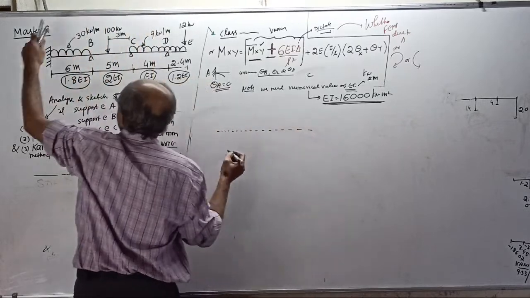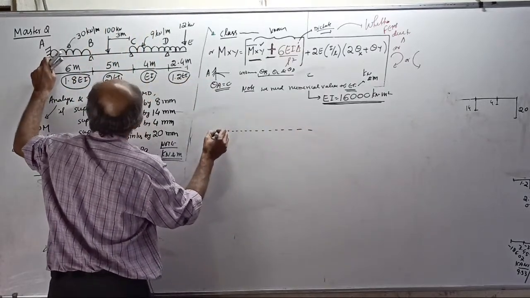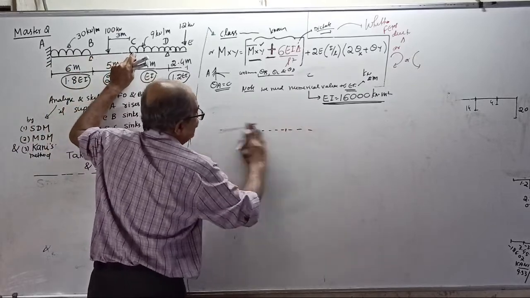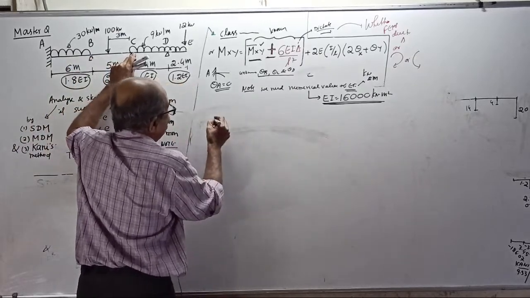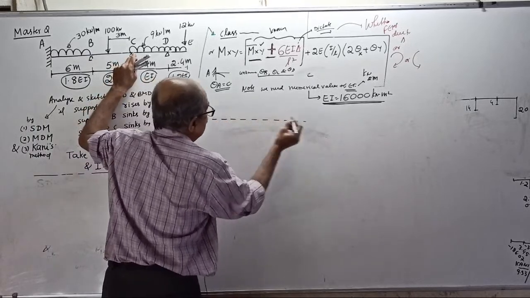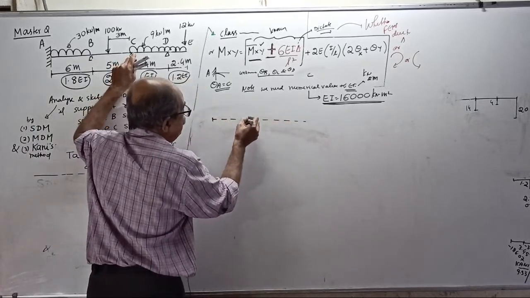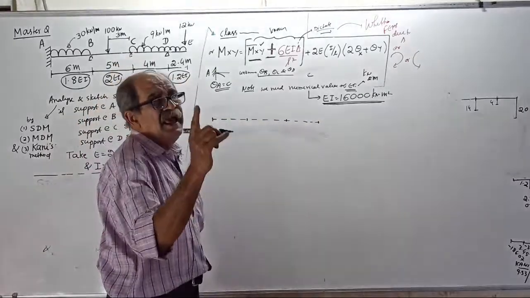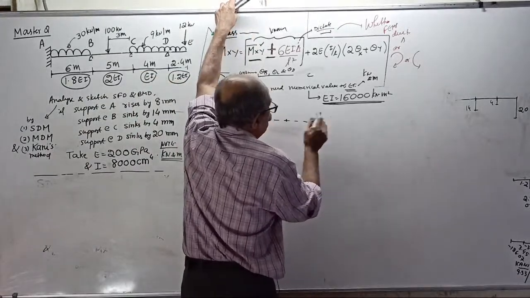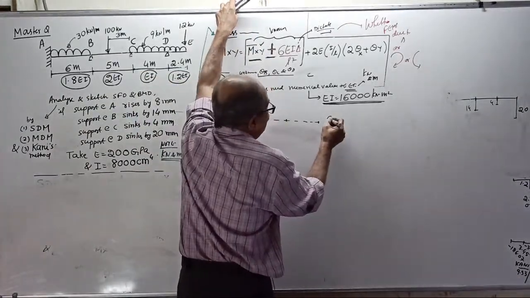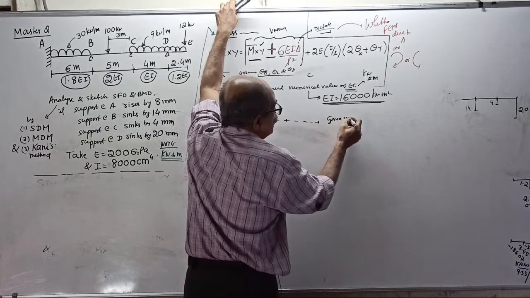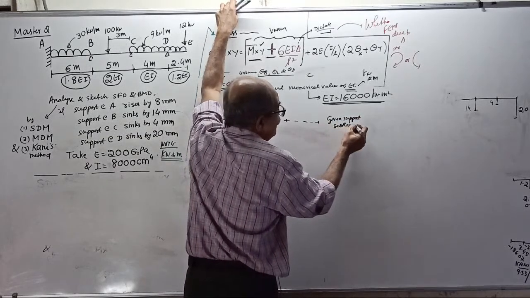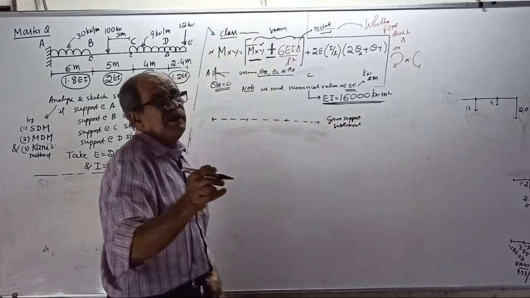This is A, this is B, this is C, this is D. Only the supports; overhang is not considered. These are the given support settlements, all in millimeter.